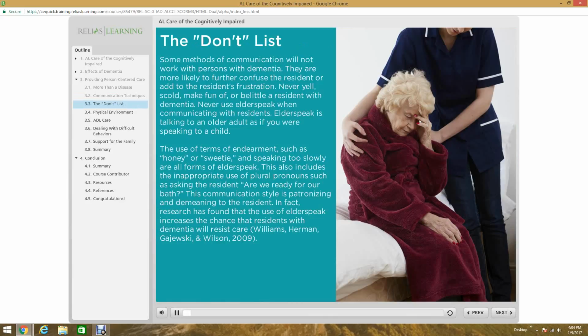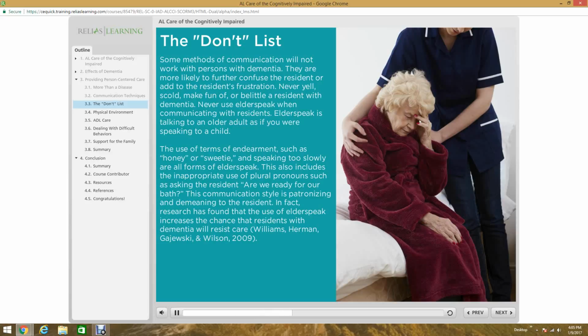The don't list. Some methods of communication will not work with persons with dementia. They are more likely to further confuse the resident or add to the resident's frustration. Never yell, scold, make fun of, or belittle a resident with dementia. Never use elder speak when communicating with residents.